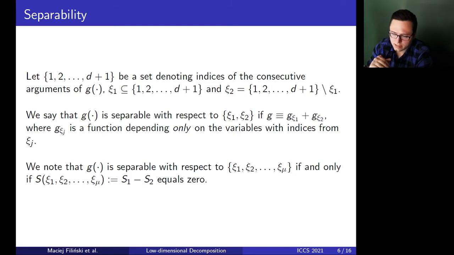So we note that g is separable with respect to Xi1 and Xi2 if and only if the separability factor s is equal to 0 or close to 0.